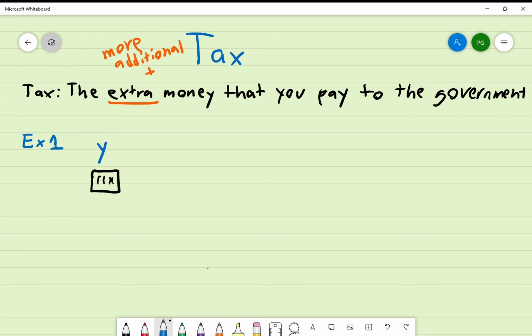But I'm buying the book in the state of Florida, and Florida has a 7% sales tax, right? Well, then the tax is something more, something additional, something extra. So I'm going to pay 7% more for the book than I usually would.